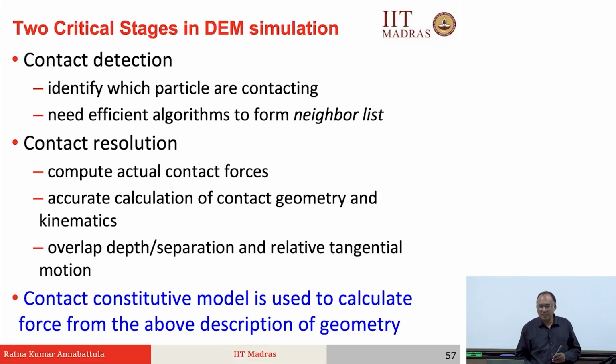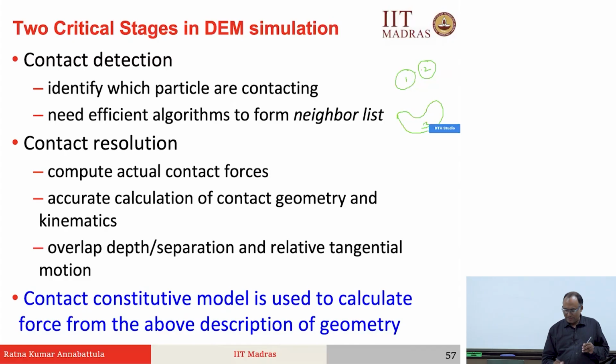What do we mean by a non-convex particle? Typically, if your assembly has convex particles, a particle will make only one contact with another particle. That means if particle 1 and 2 are in contact with each other, there can only be one contact between these two. Now let us take a scenario of a particle like that. This is particle 3. These two are convex and this is non-convex. If particle 1 is making contact with particle 3 here, then there is only one contact that can be made.